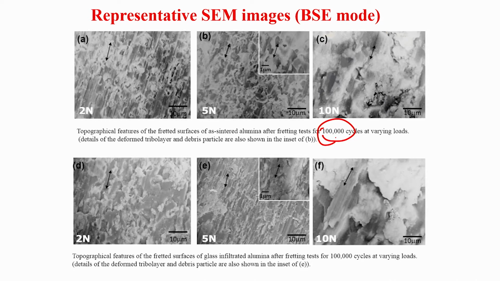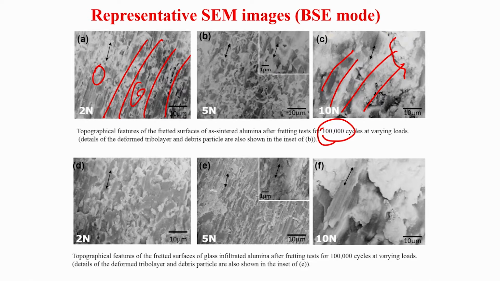At the end of the 100,000 cycles we have taken these images. What you notice is that there is clearly a signature of tribochemical layer formation, and also abrasive scratches, which are somehow reduced because of the extensive tribochemical layer formation.